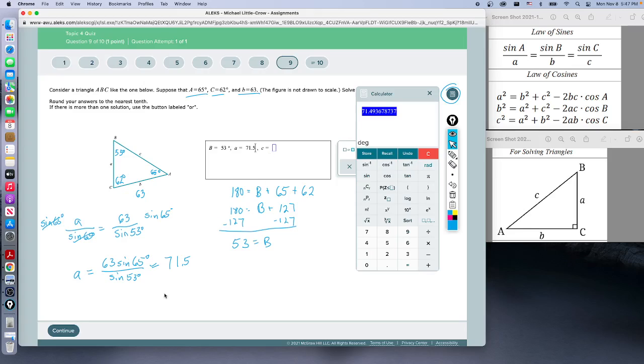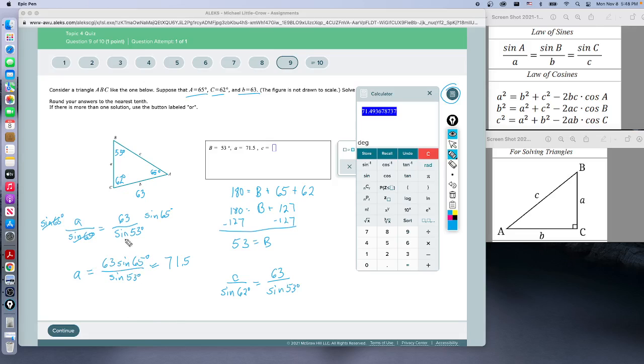Okay. To find C, we're going to do a very similar thing. Again, we use the law of sines, so we set up C divided by the sine of the angle opposite it, sine of 62 degrees, will be equal to, let's just go ahead and stick with B. We could use the A side, we could use any one we have information on, but let's use B. It's going to be equal to 63 divided by the sine of 53.